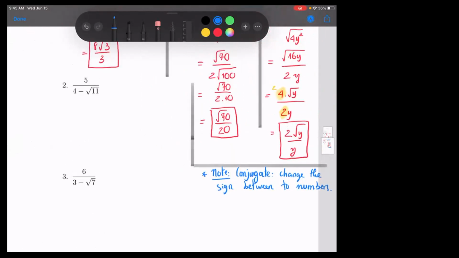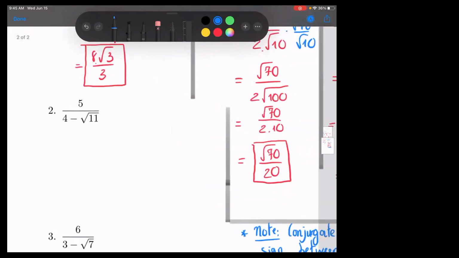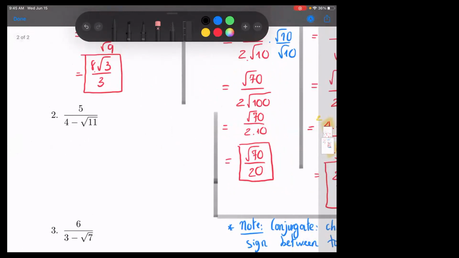Okay, so the trick here to rationalize something like this, again, don't write this down, but do not do this. It's not true. If you have 5 plus 2/3 on the top, you can split it into 5/3 plus 2/3, right?